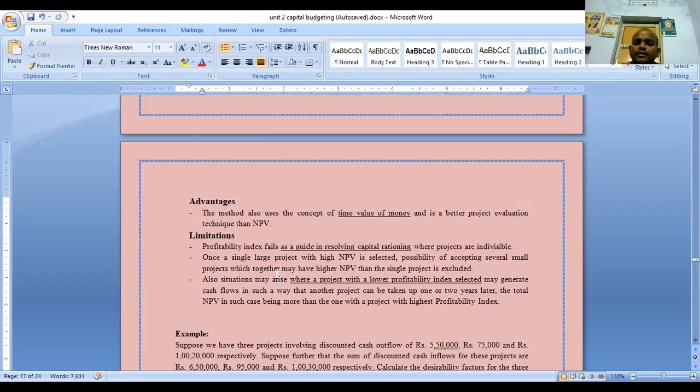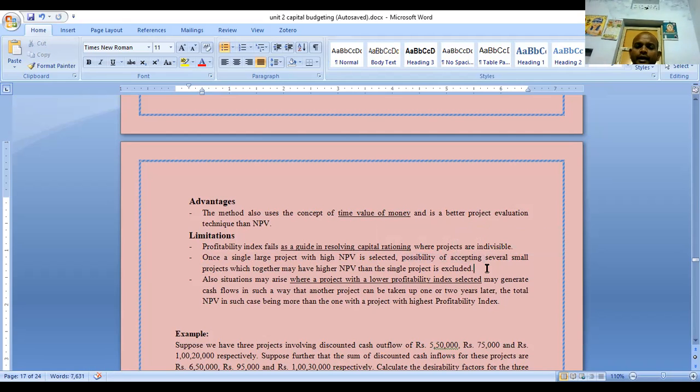That is a different concept. On what basis do you invest in different proposals? How much you invest depends on the project investment capacity. So once a single large project with a high NPV is selected, the possibility of accepting several small projects which together may have higher NPV than the single project is excluded.